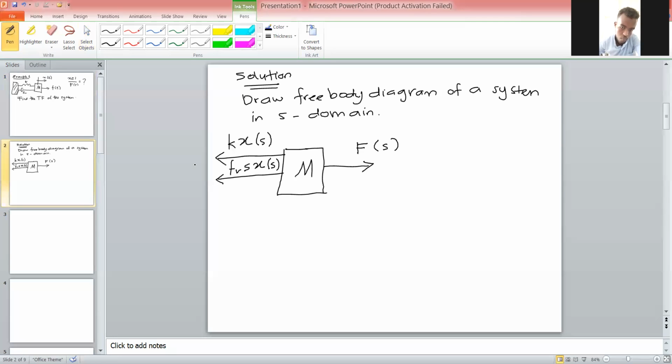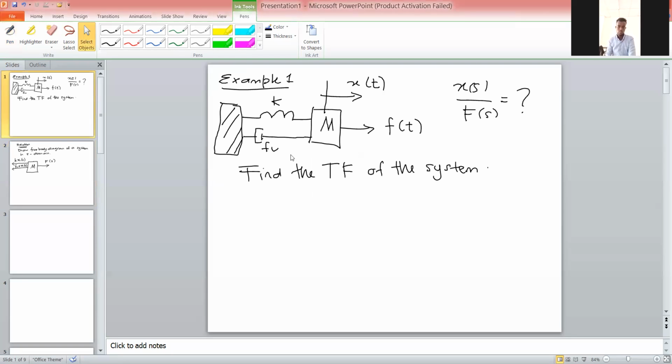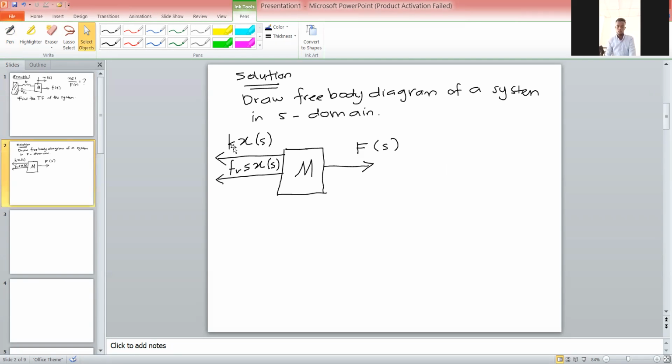Previously, I already shared with you that the spring in S domain is K, the viscous damper in S domain becomes FV times S, and mass becomes M times S squared. K is just K, it will not change, but we need to multiply with XS.